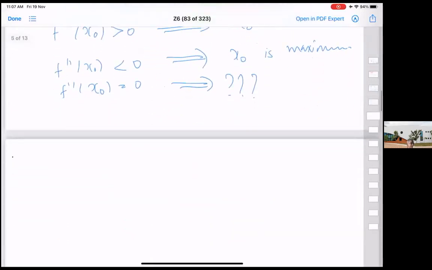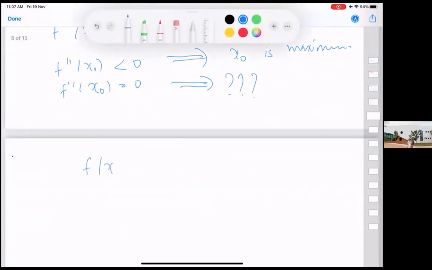Best is to give an example for the undecided case, then we go to our argument. I mean, x cube gave me a thing, but if x power 5, what happens? f dash is 0, f double dash is, sorry.